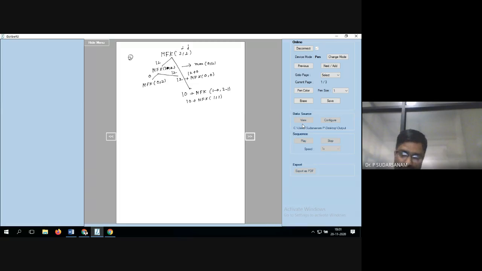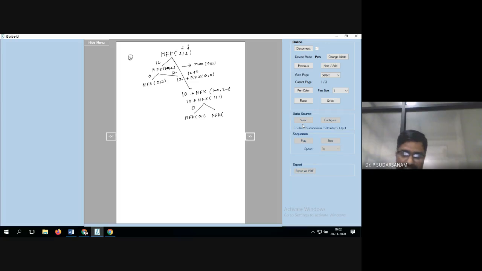MFK of 1 comma 1. Next, for this again you have to do it recursively, because again we are calling the same function. Now MFK of 0 comma 1 is nothing but 0. Just listen for a second here.